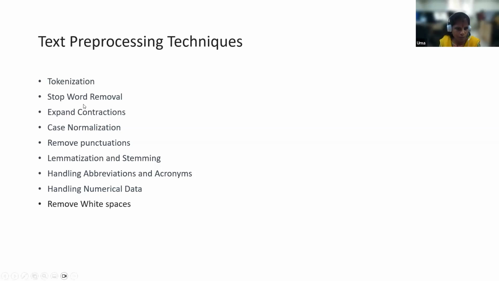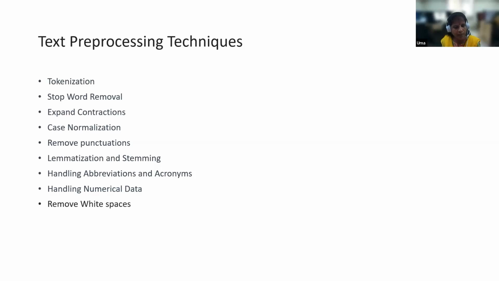I'll walk you through a few techniques with quick detailing. Case normalization is the fourth step. As the name suggests, we need to normalize the text, so everything should be in lower case for our use case. Remove punctuation, same here: we need to remove all the punctuation in the text data. Lemmatization and stemming, I'll go into detail in the coming slides.